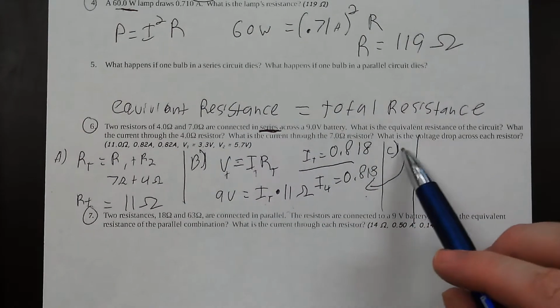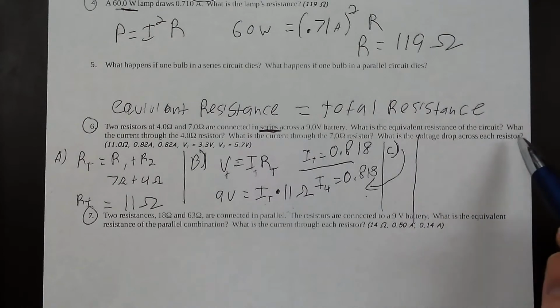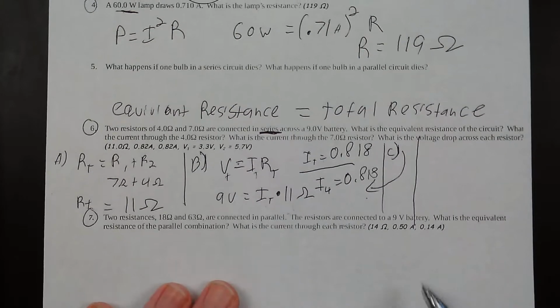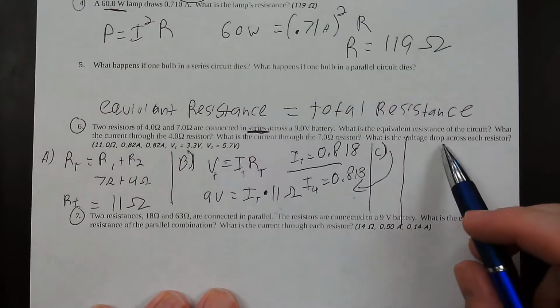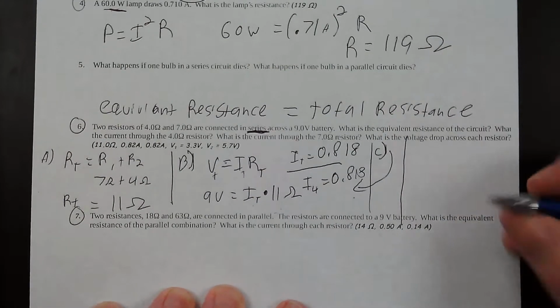Alright, lastly, what is the voltage drop across each resistor? Okay, this is where we start applying Ohm's law specifically. Anytime we're finding the voltage, we're finding out how much energy it takes to go across that component. Every time you cross over something, you lose a little bit of voltage. So we want to apply it for each individual resistor.